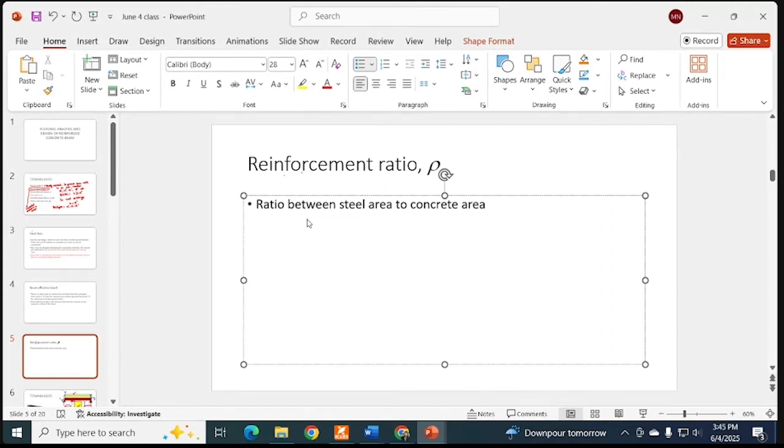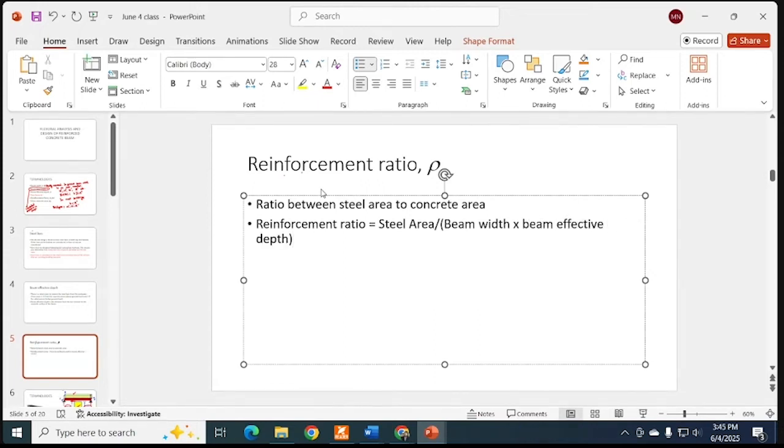So, we calculate it as: reinforcement ratio is equal to steel area divided by beam width times beam effective depth.